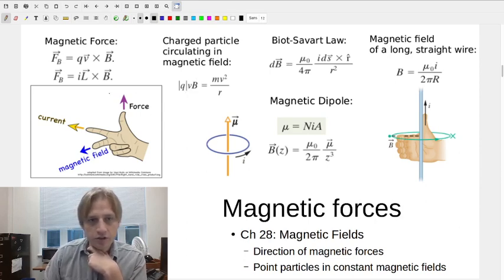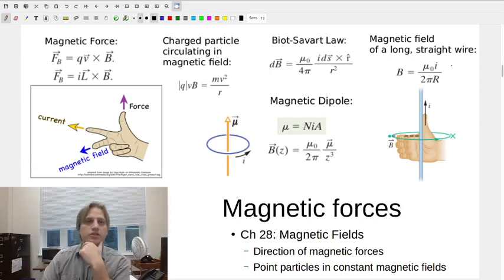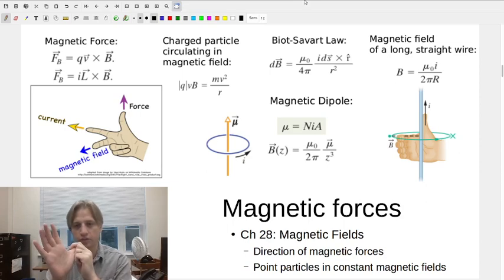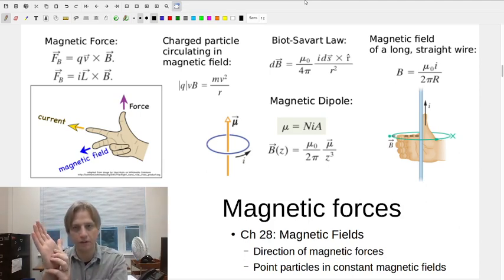Now, this was our first right-hand rule. Our second right-hand rule had to do with the Biot-Savart law. And this said, you put your thumb in the direction of the current, so the current is in one place, that's where you put your thumb. Then the palm of your hand is pointing from the current out towards the point of interest where you want to look at the magnetic field.